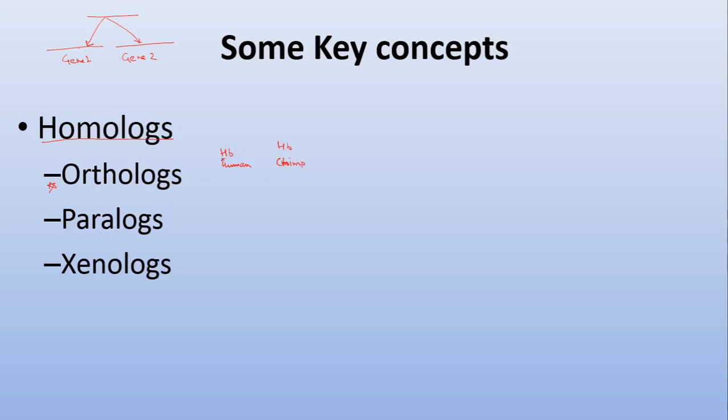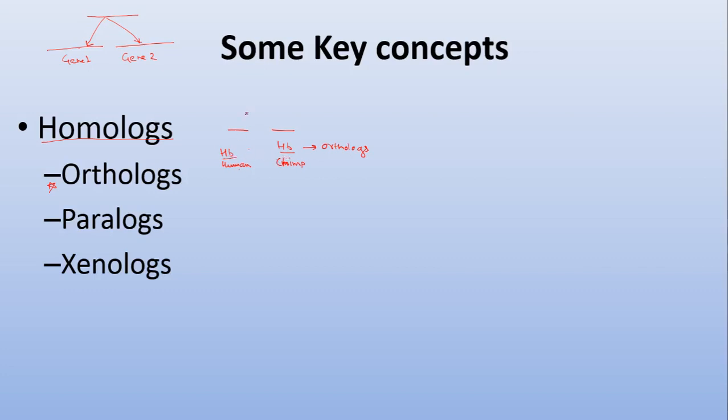Since hemoglobin performs the same function, genes that perform the same function but in different species are called orthologs of each other. So hemoglobin present in human is said to be orthologous to the hemoglobin that is present in chimpanzee. This is how you define ortholog.